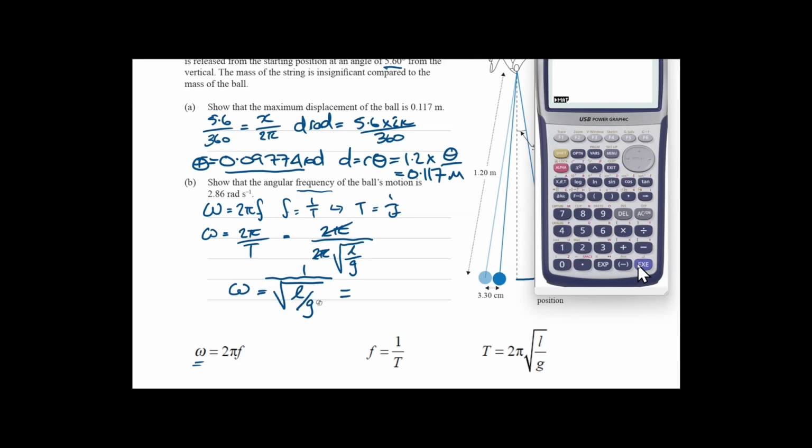And we get 2.859, which is 2.86 to 3 significant figures, and that would be our answer.